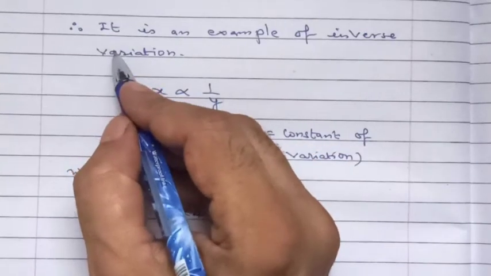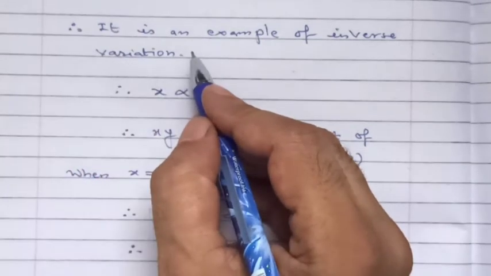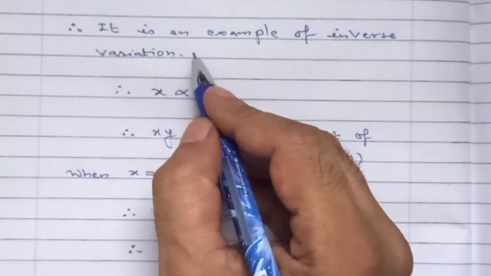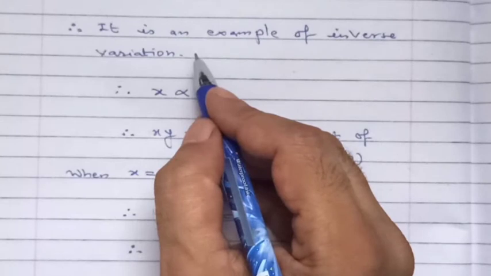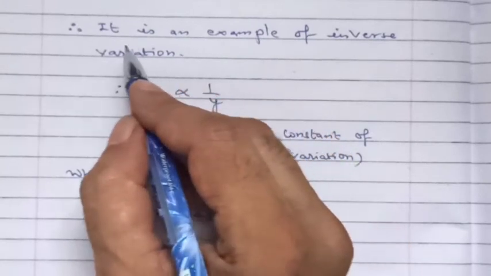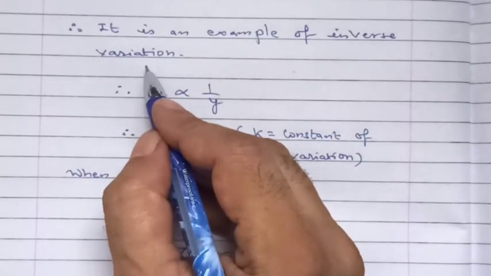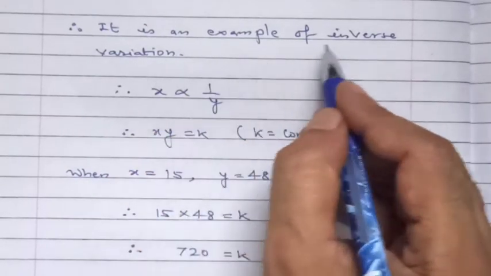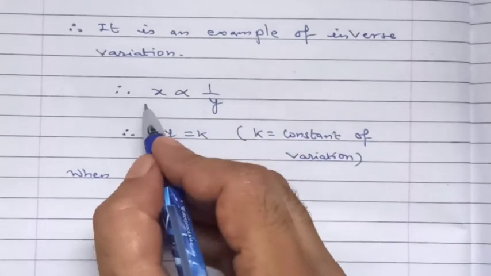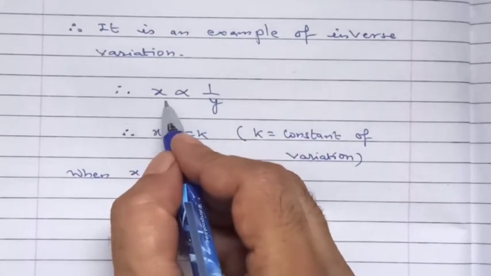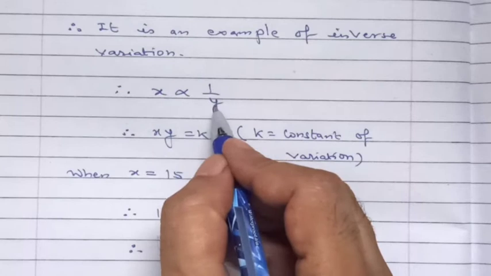Therefore, if one quantity is increasing, that is causing decrease in the second quantity in the same proportion, so it is an example of inverse variation. So right here, it's an example of inverse variation. Therefore, X is inversely proportional to Y.